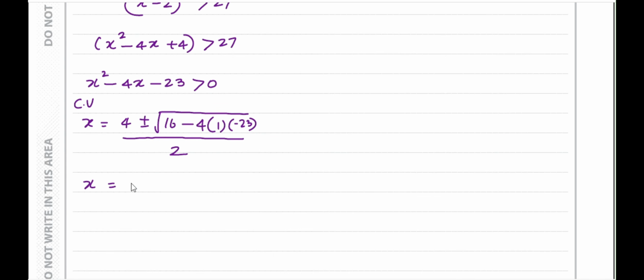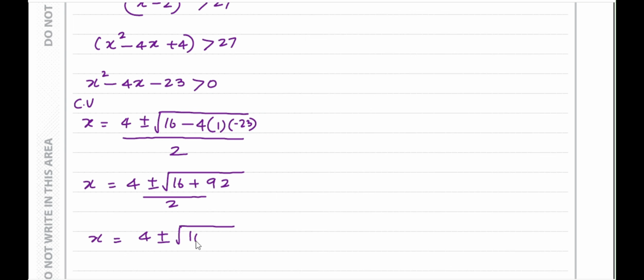Therefore, x should be 4 plus or minus the square root of 16 plus 92 over 2, which is plus or minus the square root of 108 over 2. Putting this into the calculator, we get 2 plus 3 square root of 3 or 2 minus 3 square root of 3.